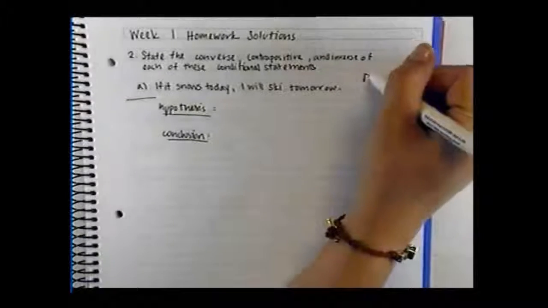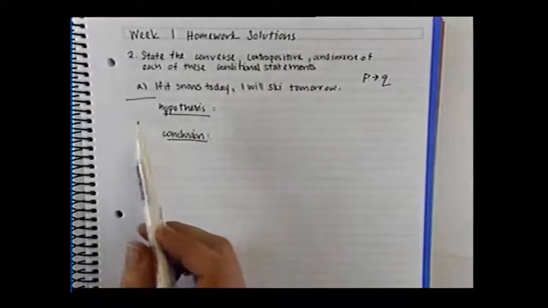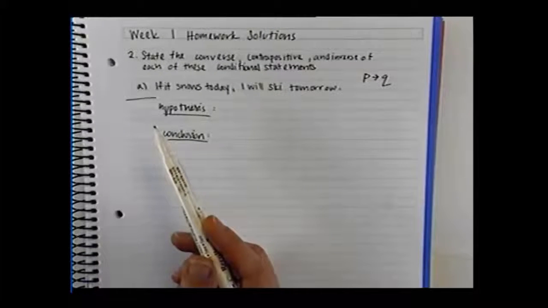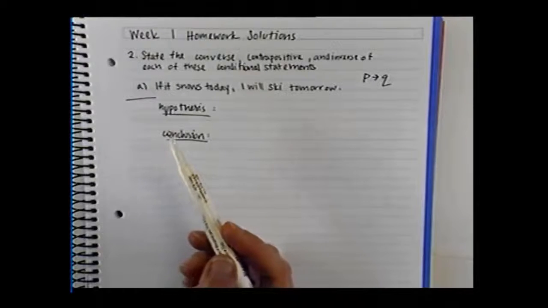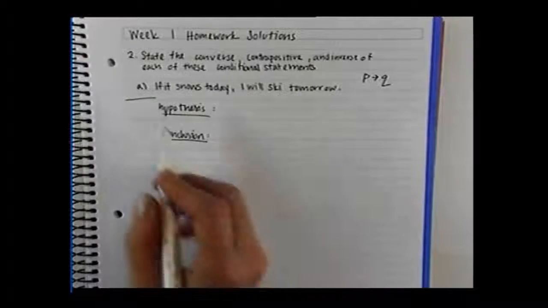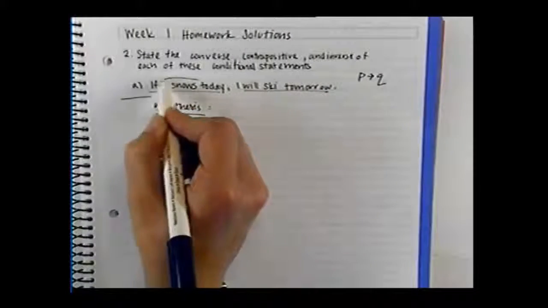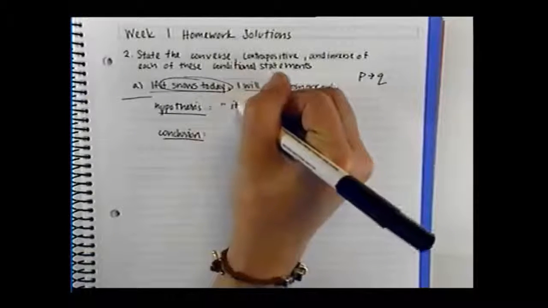This is stated in the if-then form, so it's not too tricky to interpret. Had it been stated differently, make sure that you're familiar with those different ways of stating conditional statements in English. I know that I got if-then, so my hypothesis is it snows today.